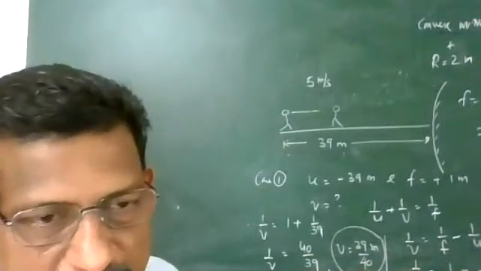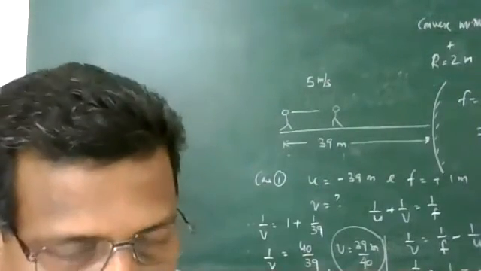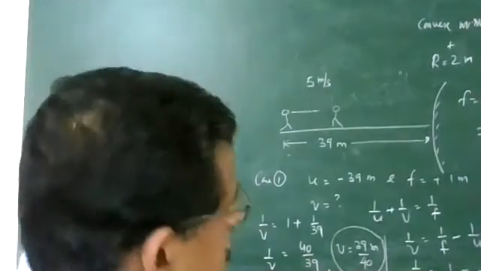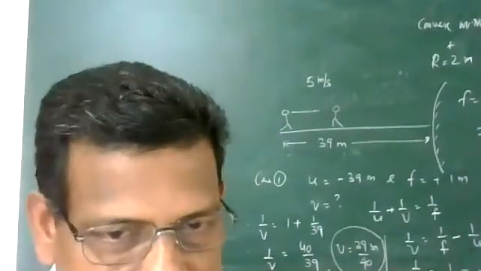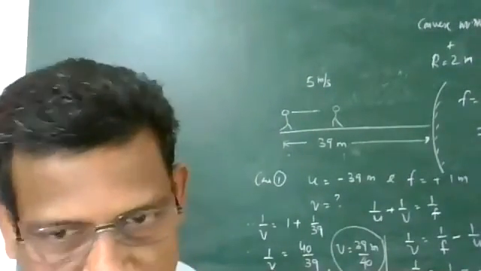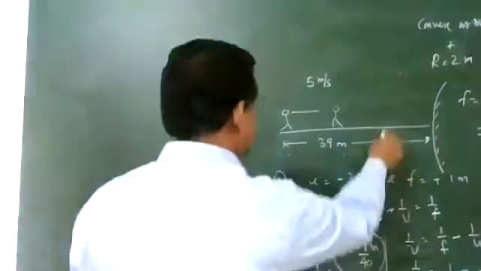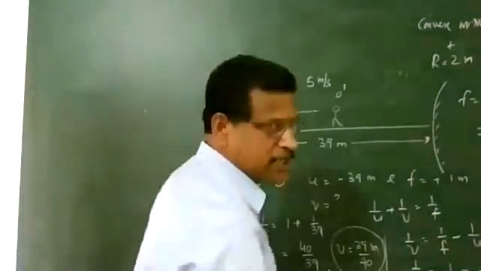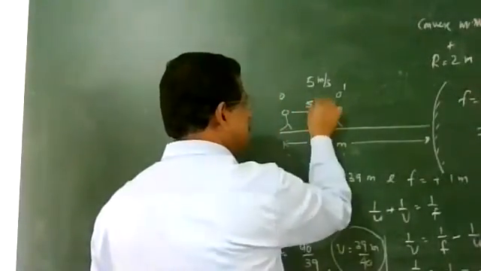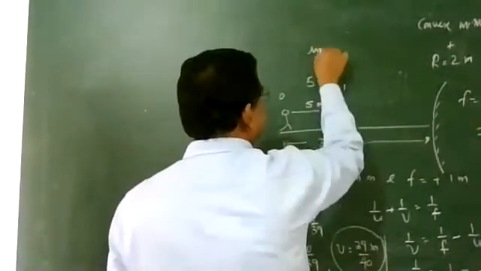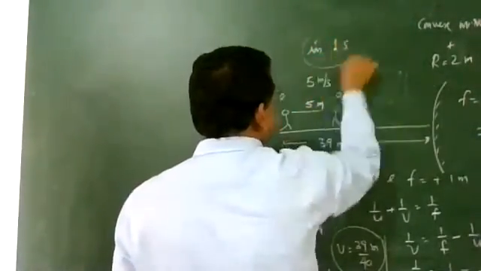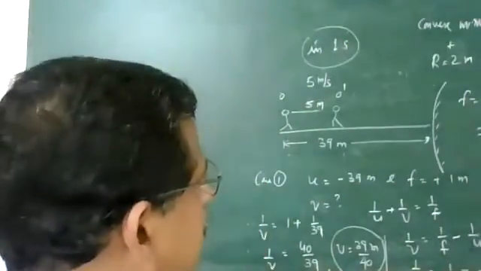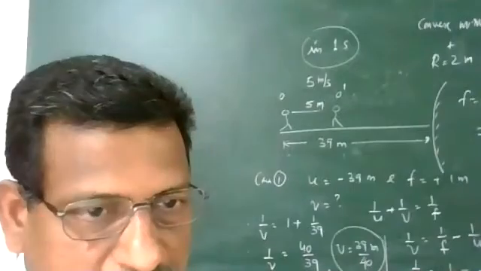The person behind is coming towards you with a velocity of 5 meter per second, so in 1 second he comes closer by 5 meters. After 1 second, this will be the new position. So we take the time as 1 second. In 1 second he comes closer to the mirror by 5 meters.